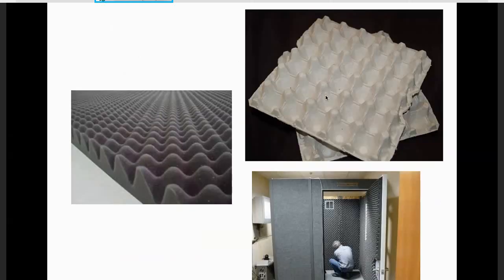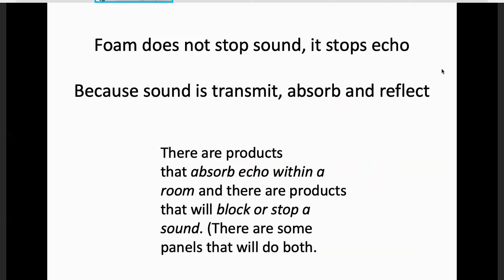Okay, these are some of the materials that you can use to absorb sound, with the texture, with the material itself, soft and whatnot. Okay, foam does not stop sound; it stops echo. Because sound is transmitted, absorbed, and reflected.